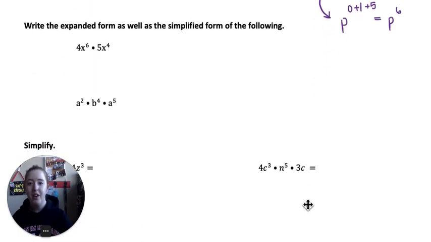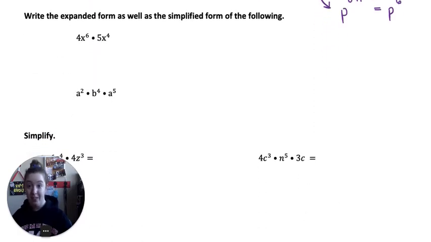Cool. Now these are a little bit more beefy, so we're going to have to be a little bit more careful. So we want to write the expanded form as well as the simplified form of the following. So if I want to write out 4 times x to the 6th, I'm going to take 4 times, and then I have x to the 6th, so x 6 times, 1, 2, 3, 4, 5, 6.